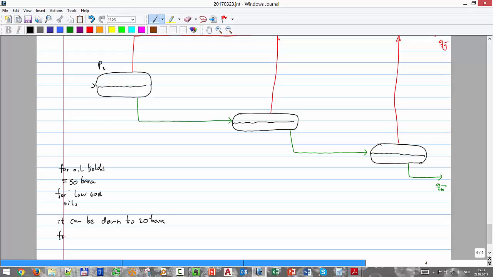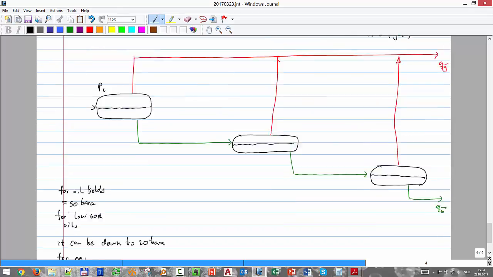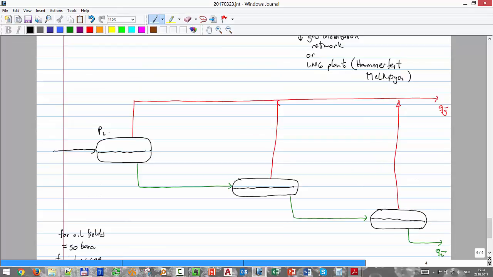And for gas, it is usually higher than 50. We are going to see right away why that is. But just keep in mind that here I have 50 bar.